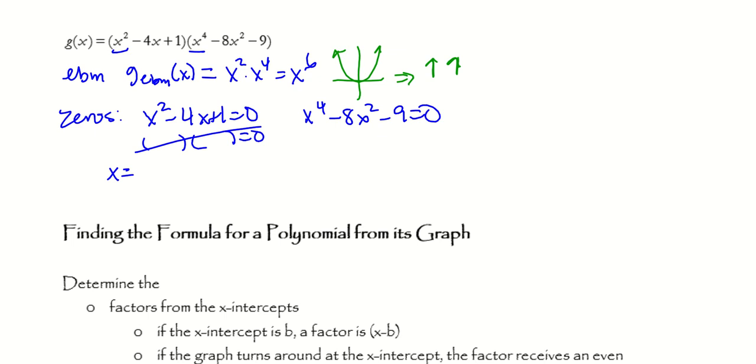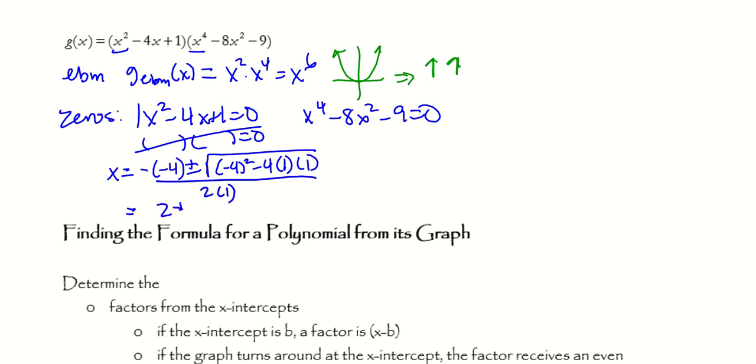So I have x equals the opposite of my b, plus or minus the square root of my b squared minus 4 times a, which is 1, times c, all over 2 times 1. What that gives me in the end is 2 plus or minus the square root of 3, which is about 0.268 and 3.732. Needed a little help from my calculator.